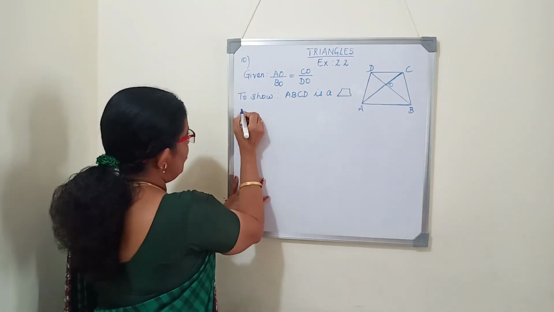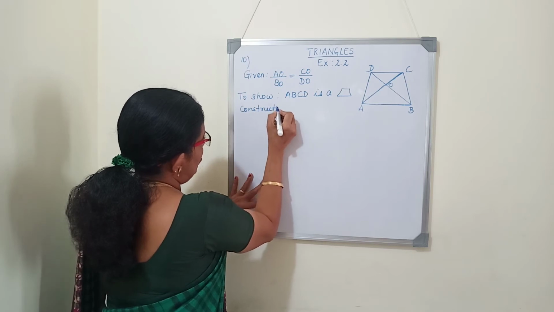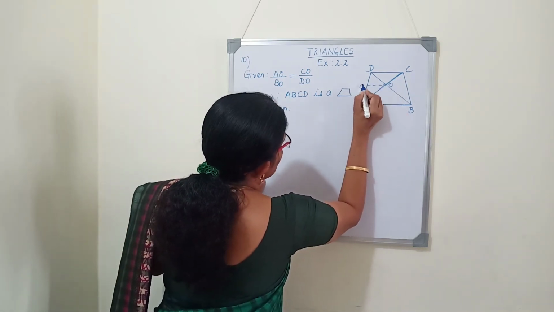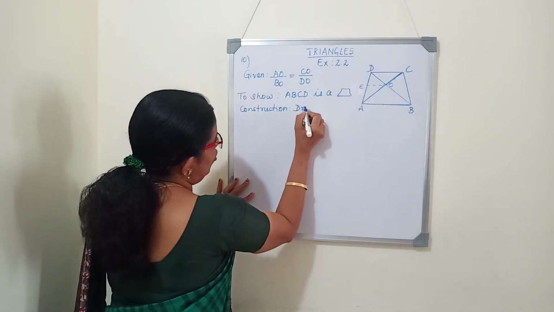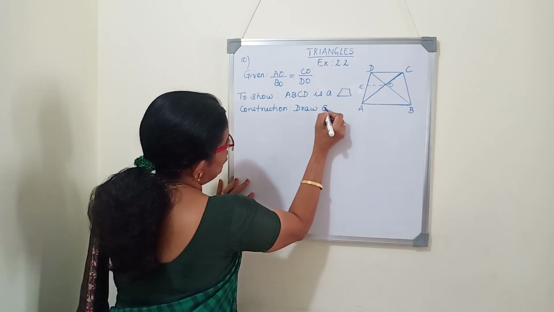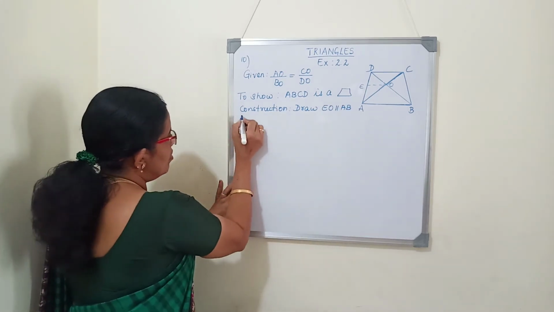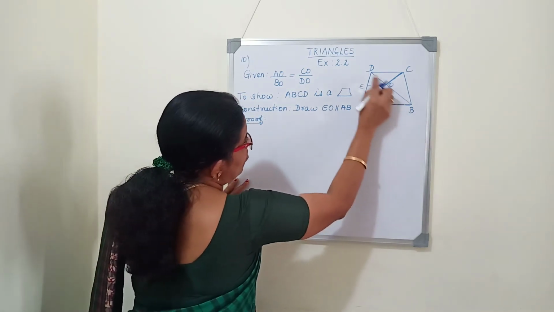So here also we will do the same construction. Draw EO parallel to AB. So here we will write construction: draw EO parallel to AB. So we will start from the triangle ABD.